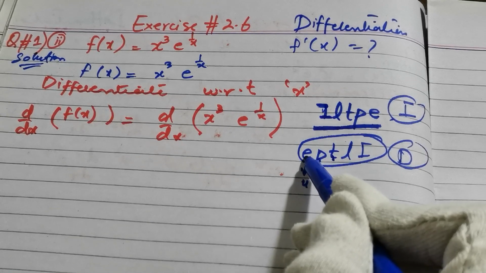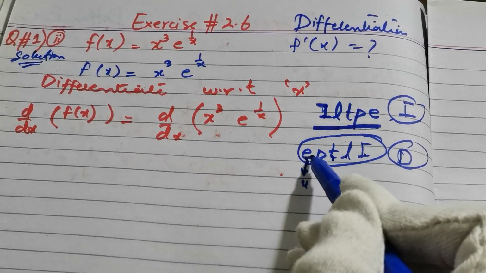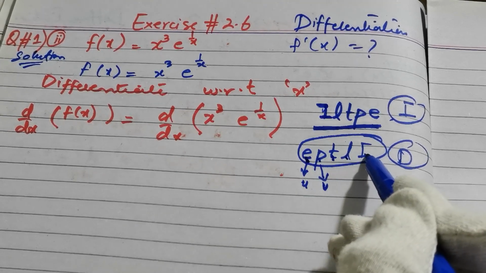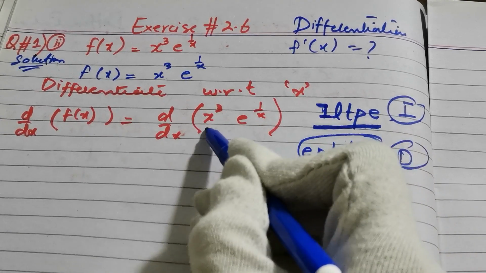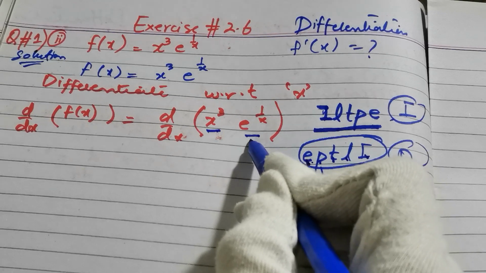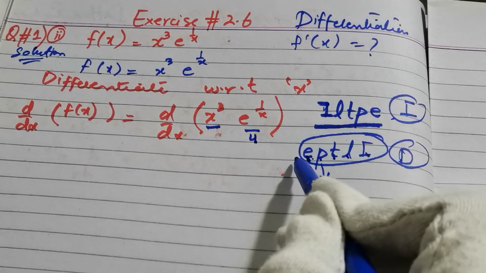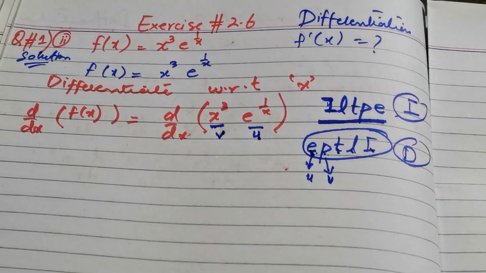Similarly, if there is exponent, log and inverse, we take exponent as u, log as v and inverse as w. So here the exponent term we take as u, and this is polynomial, so we consider this as v.